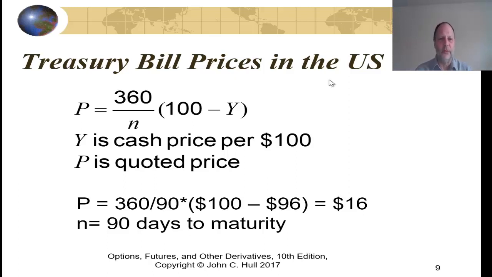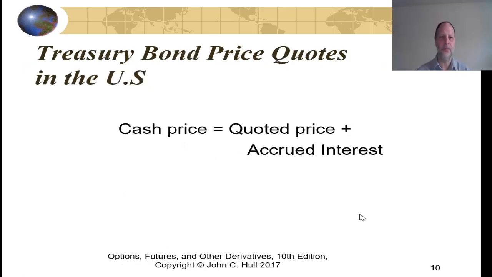So we could ask, for example, if it is a 90-day Treasury bill with a cash price of $96, you would do the calculation 100 minus 96 is 4, 360 divided by 90 is 4, and you would end up with $16 for the quoted Treasury bill price.